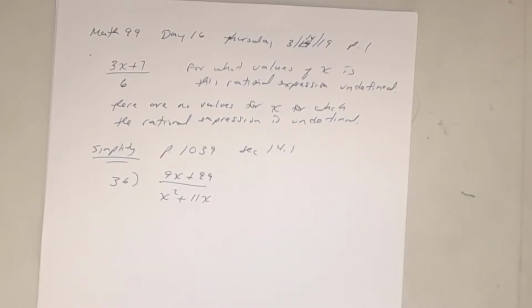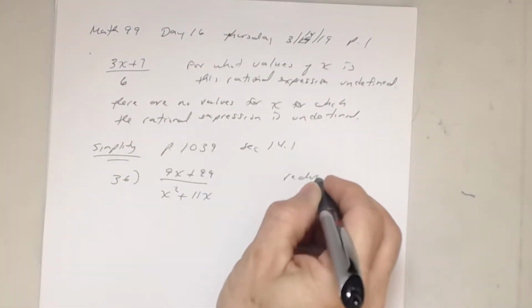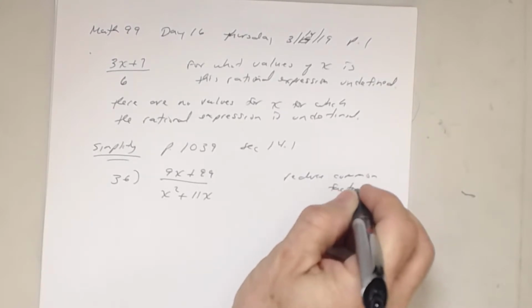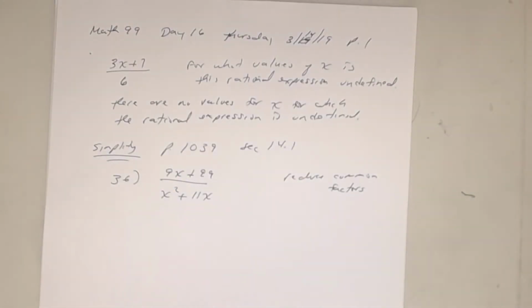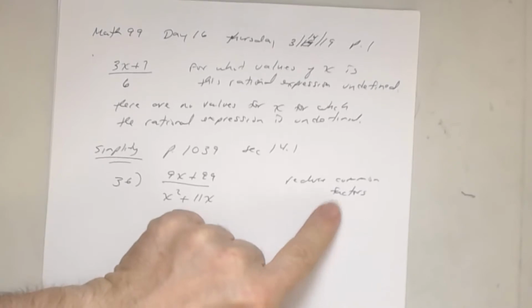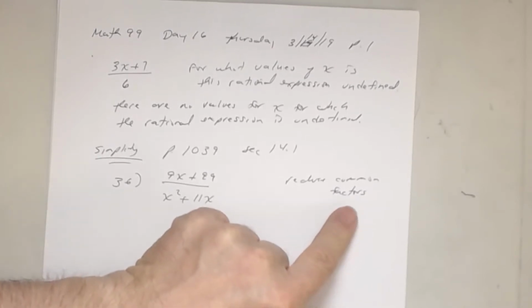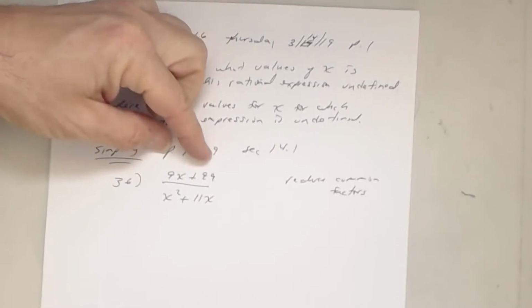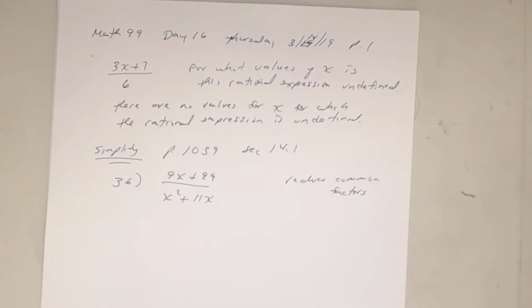In these words I just wrote is the word factor. So what do you think you need to do to the numerator and denominator? Factor. So you have to factor first.